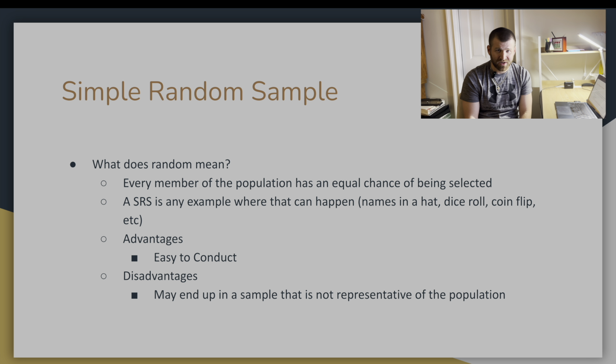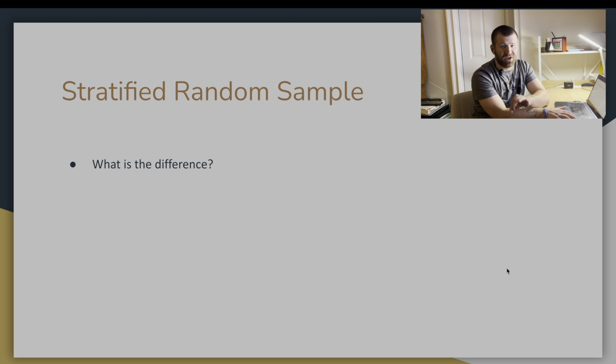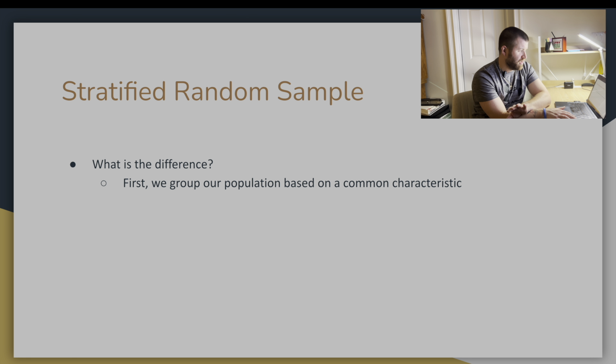And so I may end up with a sample that isn't as representative as I want it to be. And so, to combat that, we bring in a stratified sample. Now, the biggest difference with a stratified sample is that we first group our population based on some common characteristic. And now, typically, this characteristic is one that we think will influence the answer to the question we're being asked.